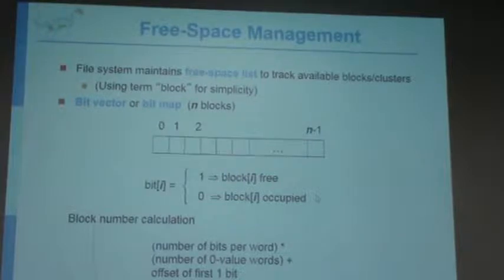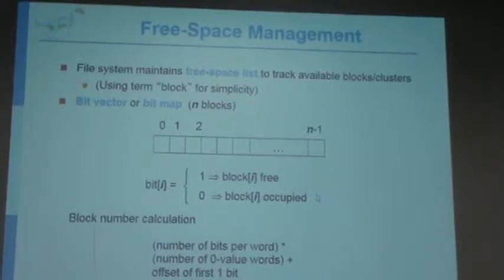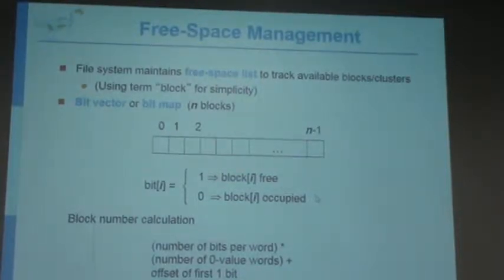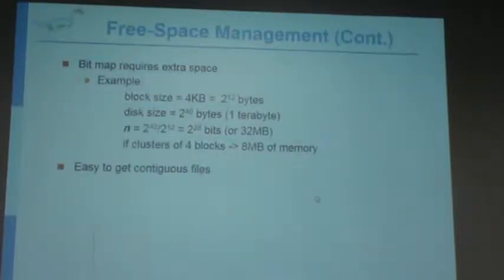So keep the directory structure as simple as possible. This is the simplest way to manage the free blocks. Anyway, such a big map or bit vector requires extra space, but it's not huge, so you can manage it in your directory structure.